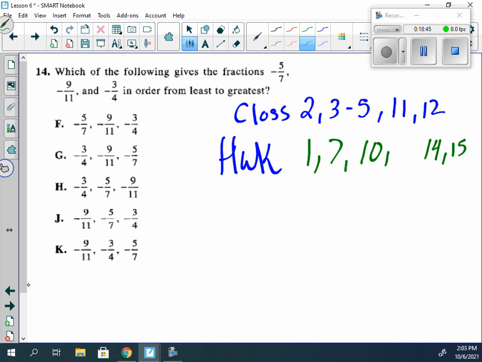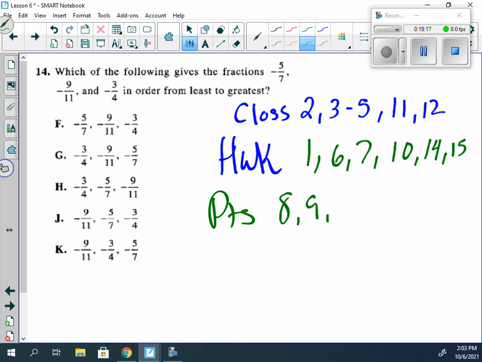Make sure I didn't miss one. Ah, I did. You can add it back in there. It should be 6, 7, 10, 14, 15. And then the last 3 are going to be points: 8, 9, 1, 2, 3, 4, 5, 6, 7, 8. Yep, 13.